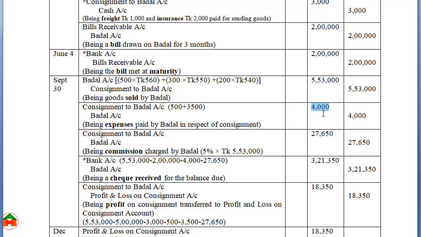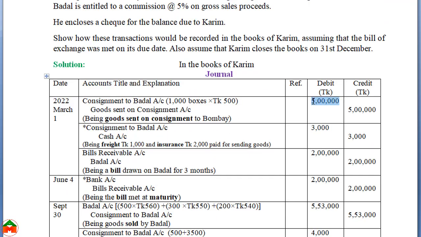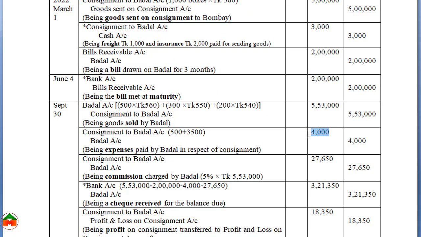Here you can see consignee expense 4,000, consignee commission 27,650 and the consignor expense is 3,000. So we will deduct this 5 lakh. This is the cost price. This is the consignor expense. This is the consignee's expense. This is the consignee's commission.